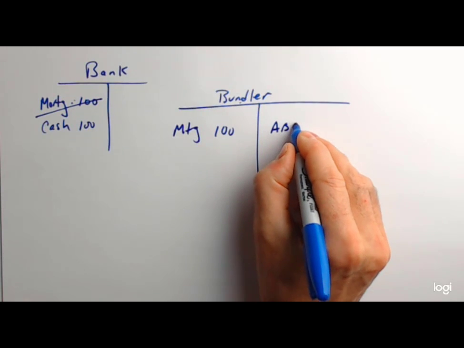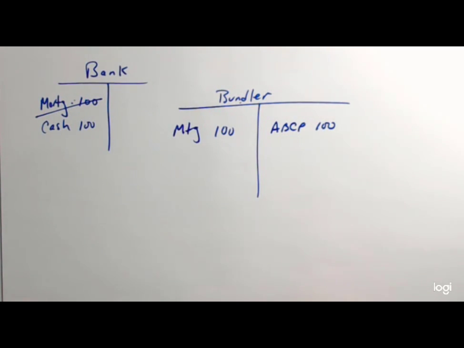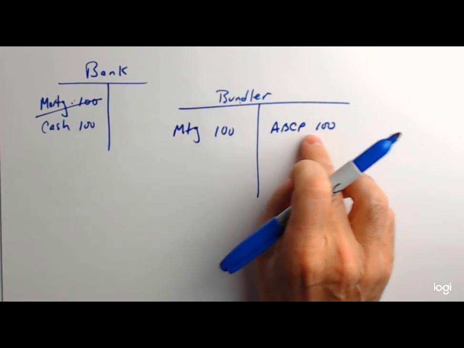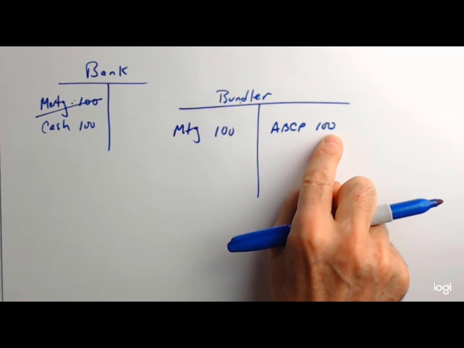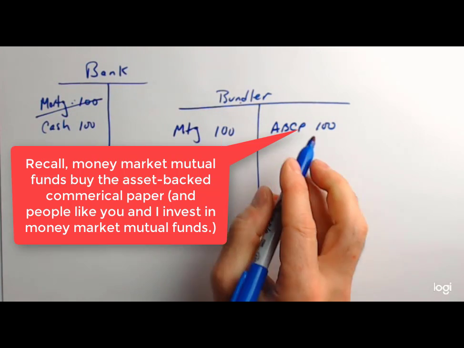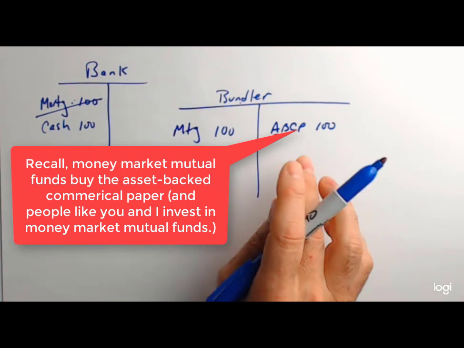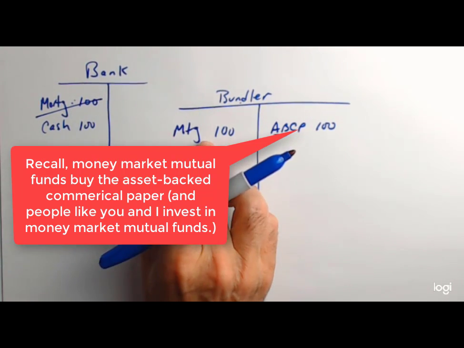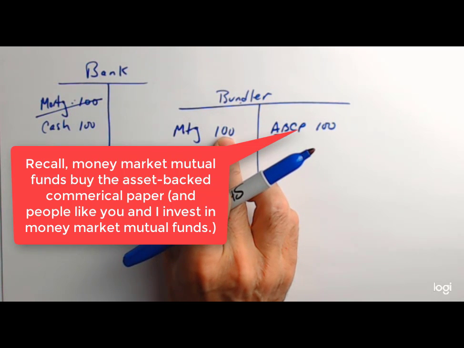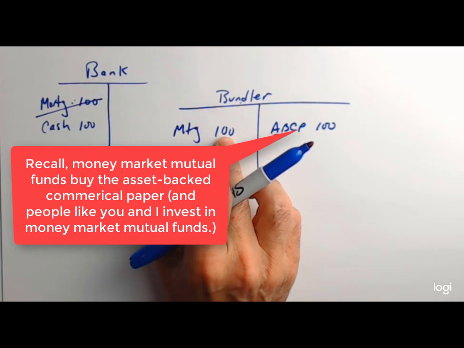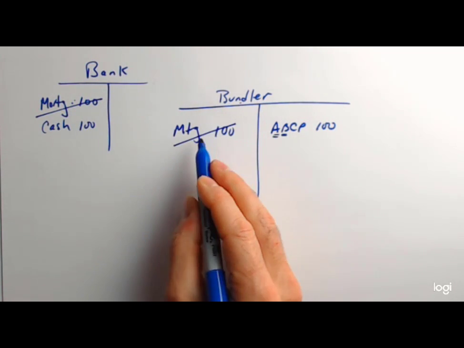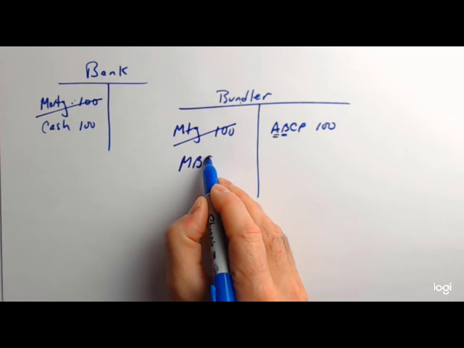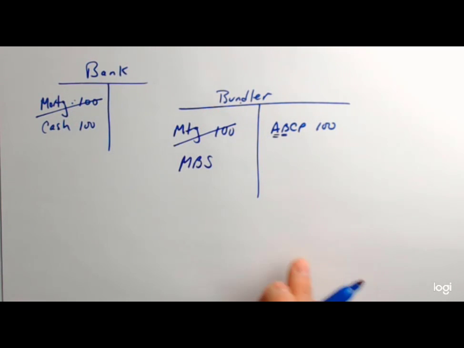Well, it issues asset-backed commercial paper. And so that asset-backed commercial paper is very short-term lending, and it's backed by mortgages. So it takes a little while for the bundler to process the thousands of mortgages it buys, but eventually it packages them and sells them in the form of bonds, mortgage-backed security bonds.